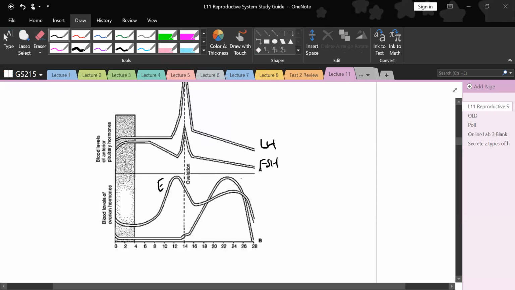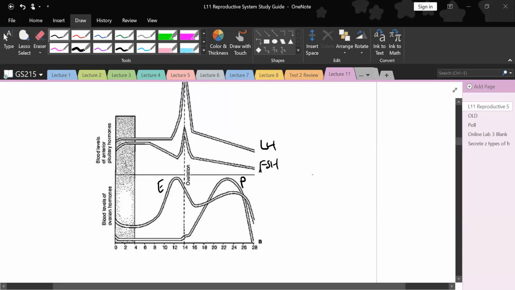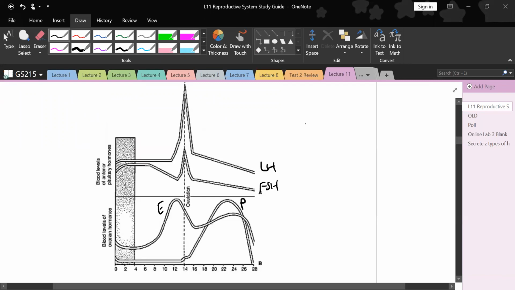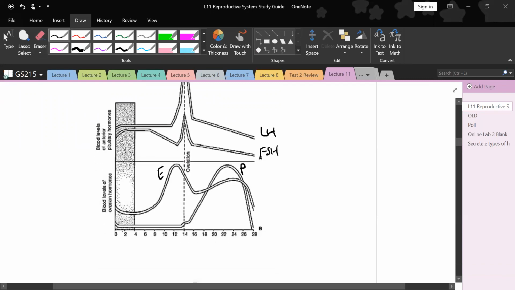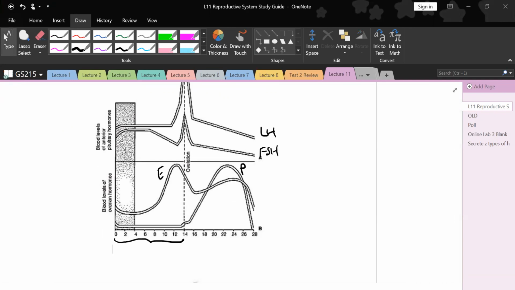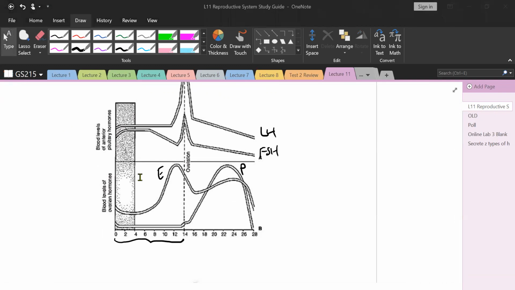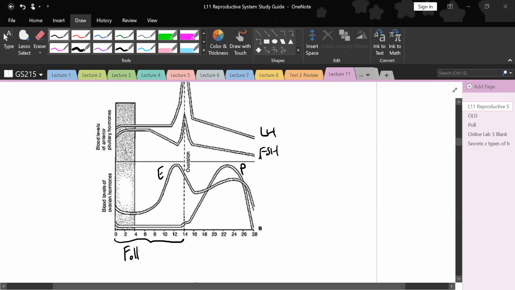This one is estrogen. This one is progesterone. Let's see what happens at the beginning, during the first half. What do we call the first half again? Follicular phase. That's the follicular phase.